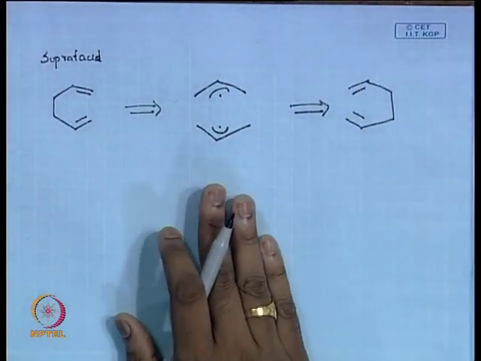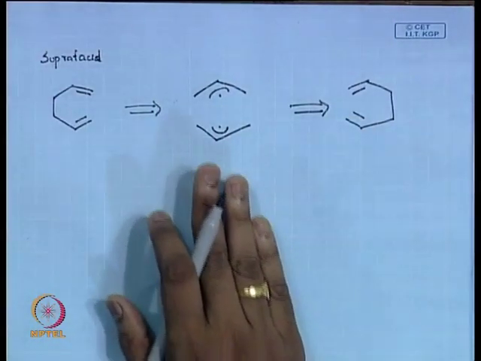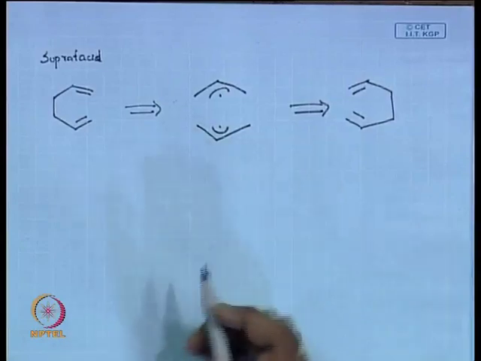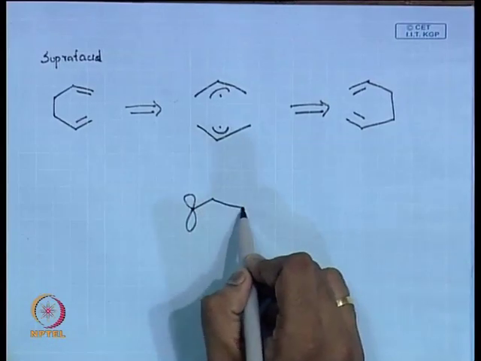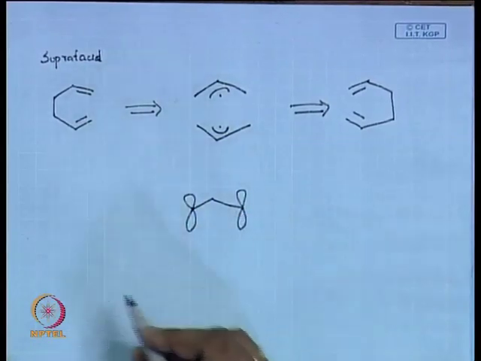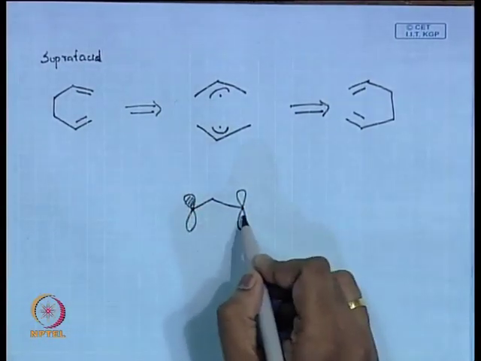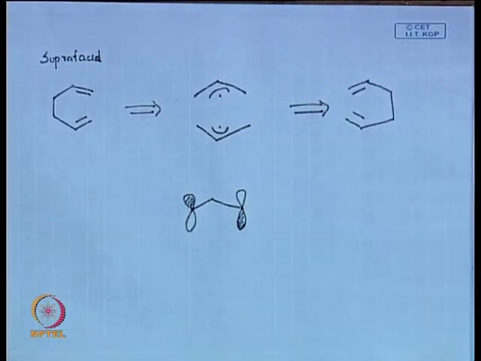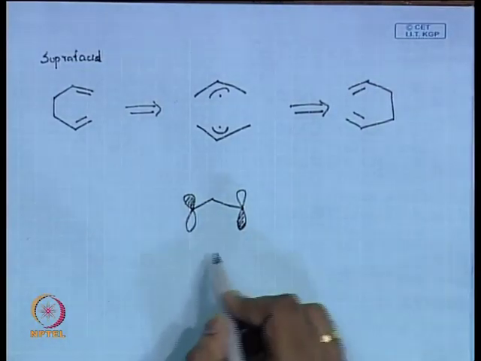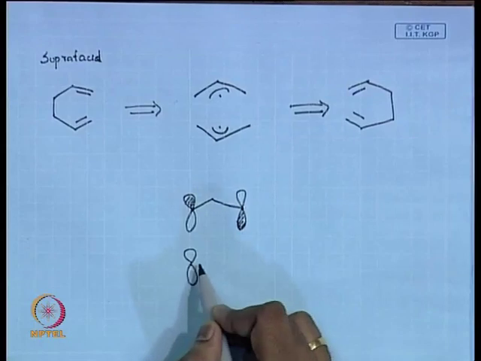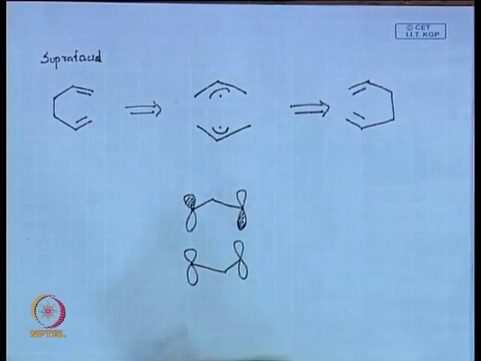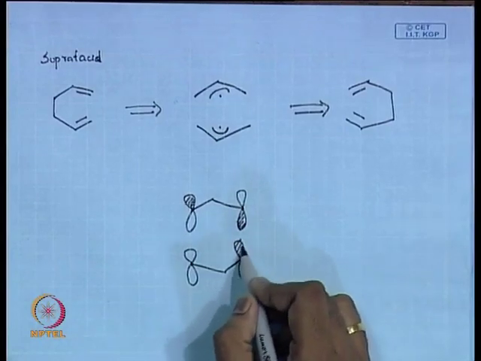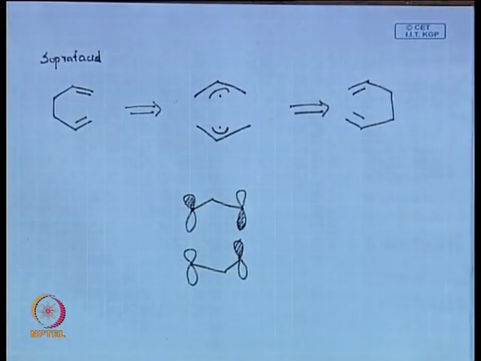How do I write the HOMO of these, because we know how to write the HOMO of this. That is how we studied this. And the other face of it, see, it is orbitally well favored.